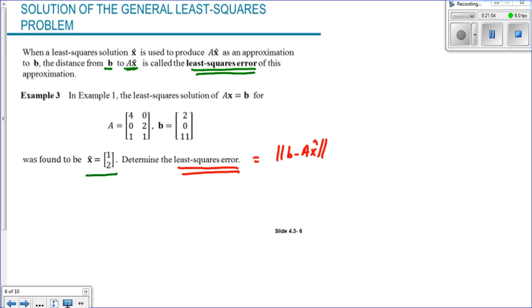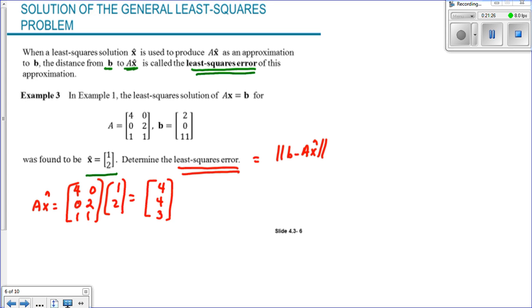Okay, so first thing we need to do is to find A x hat. Okay, so this is going to be a 3 by 1. It'll be 4, 4, 3. Okay, so now let's find b minus A x hat.